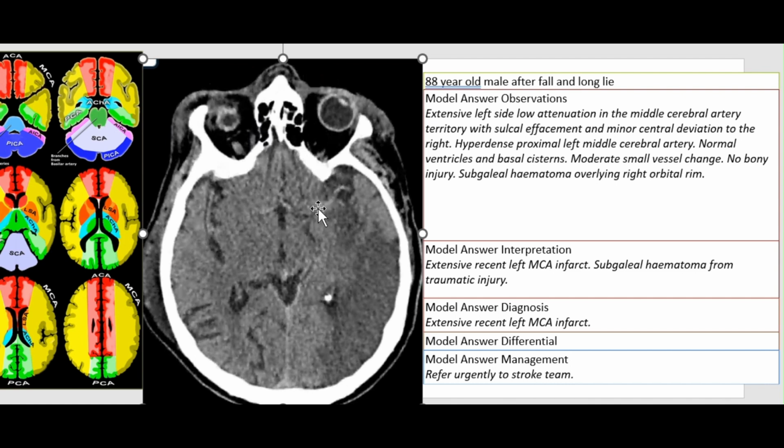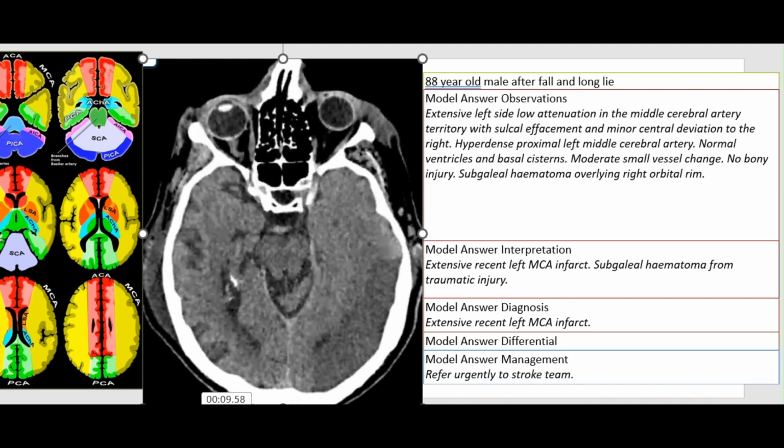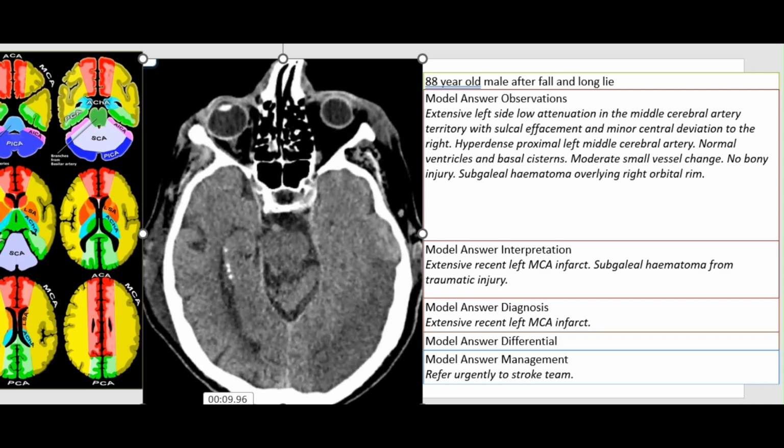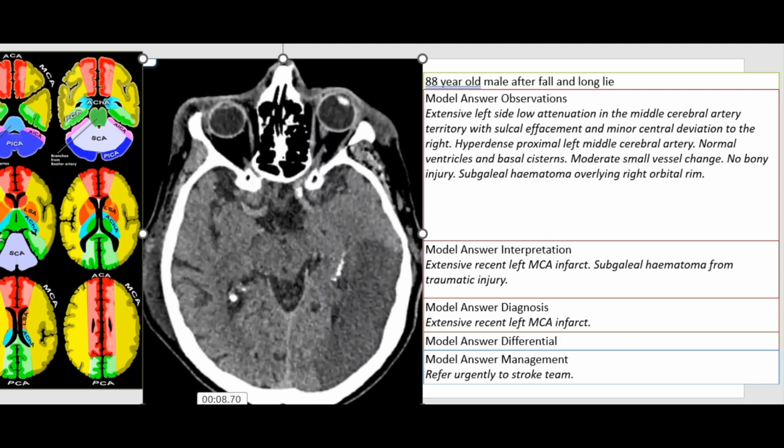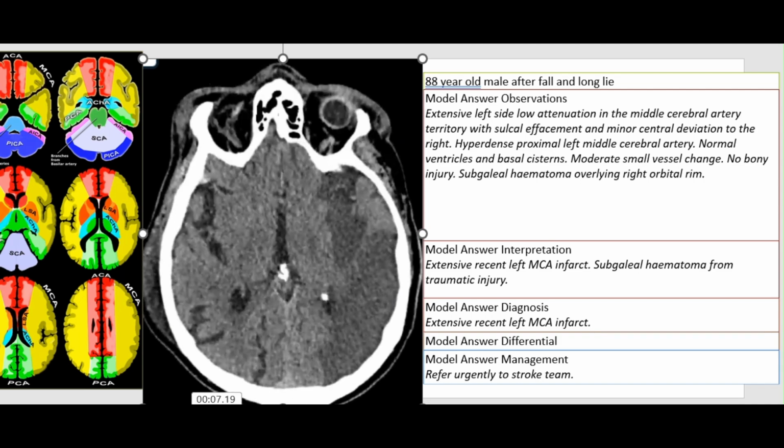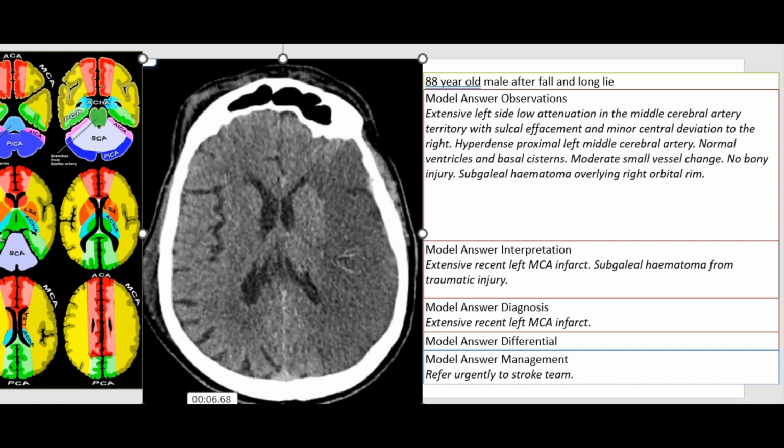Hyperdense left middle cerebral artery, along with hypoattenuation in the left middle cerebral artery territory. Can you see this hyperdensity in the cortical branches of the left middle cerebral artery? Okay.